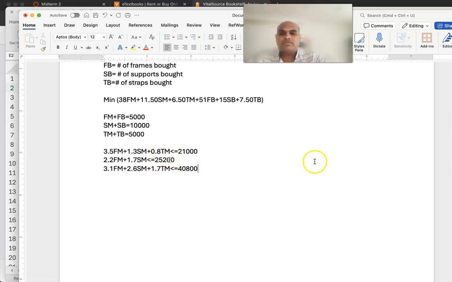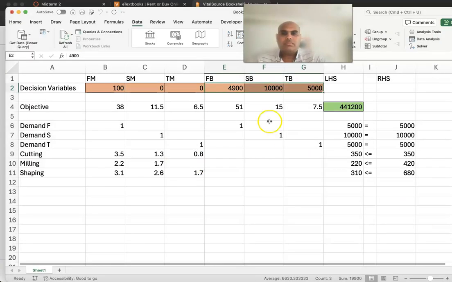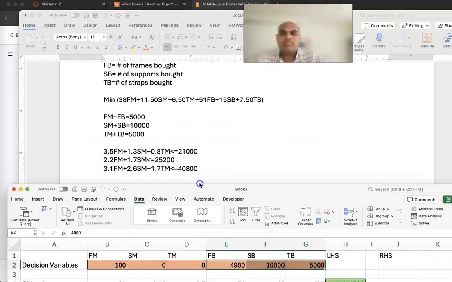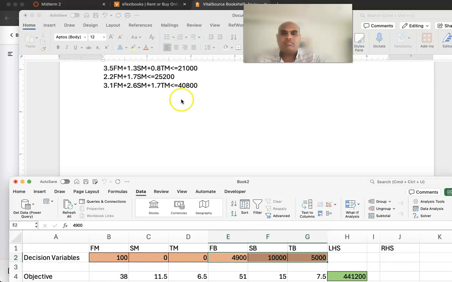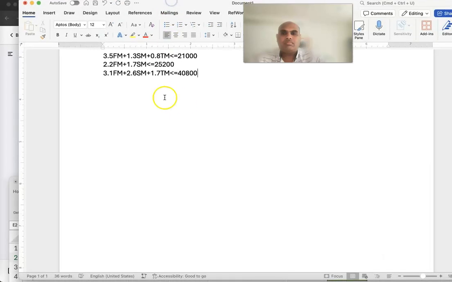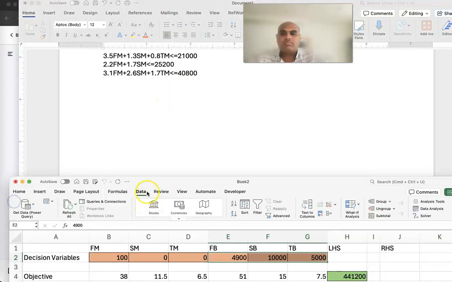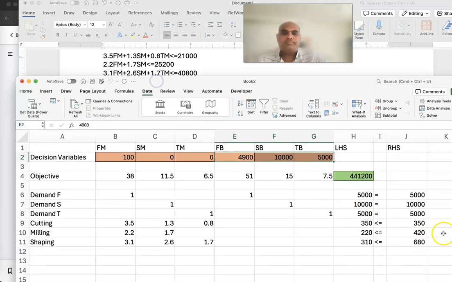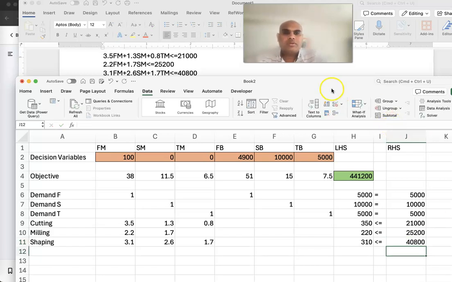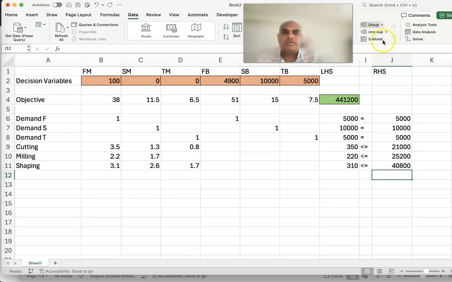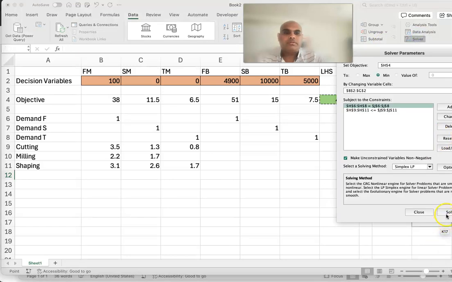21,000, 25,200. Okay, with this, let's go back to solver and click on solve.